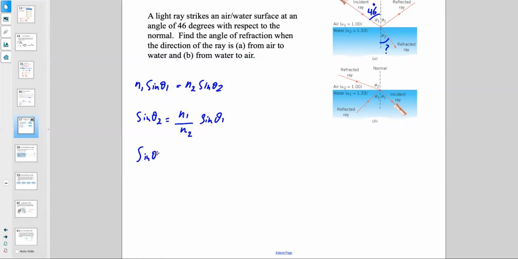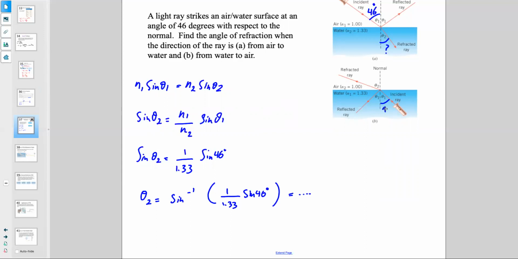So sine theta 2 is n1, which is 1, over n2, which is 1.33, times sine theta 1, which is 46 degrees. So theta 2 would be sine negative 1 of this number. Whatever it is, you can just put it in your calculator to find the value. That's for part A.